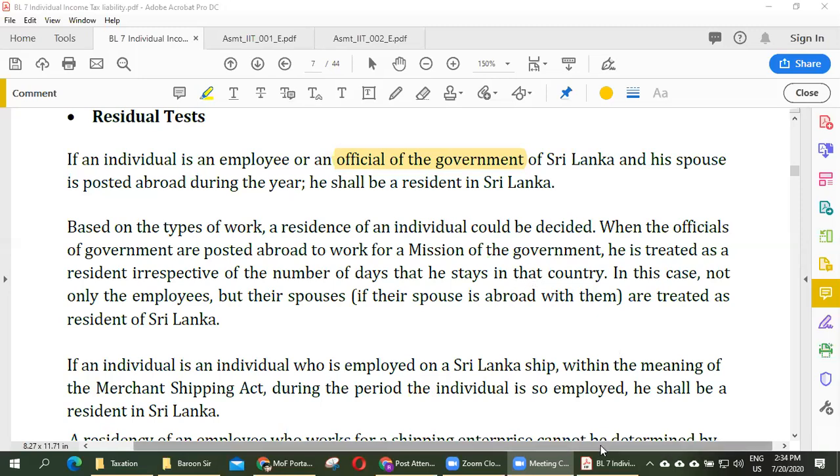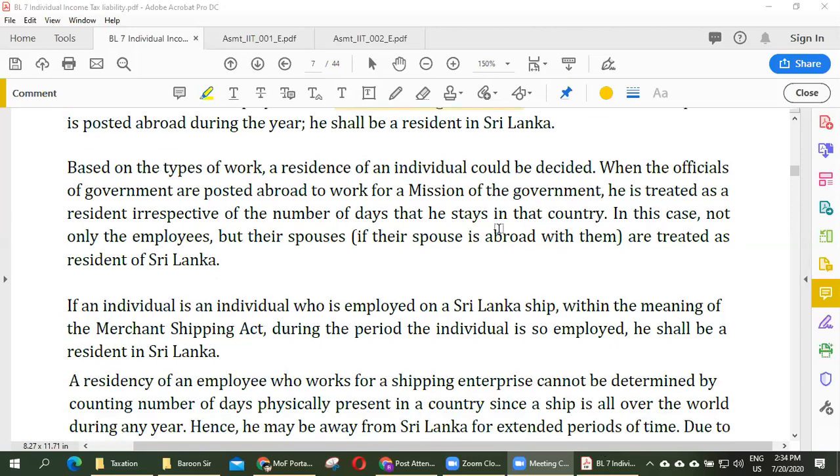He's a resident. He is not living in Sri Lanka, but he is maintaining a connection with the government of Sri Lanka. Based on the type of work, the residence of an individual could be decided. When officials of the government are posted abroad to work for a mission of the government, for example in South Korea, they are treated as resident irrespective of the number of days.